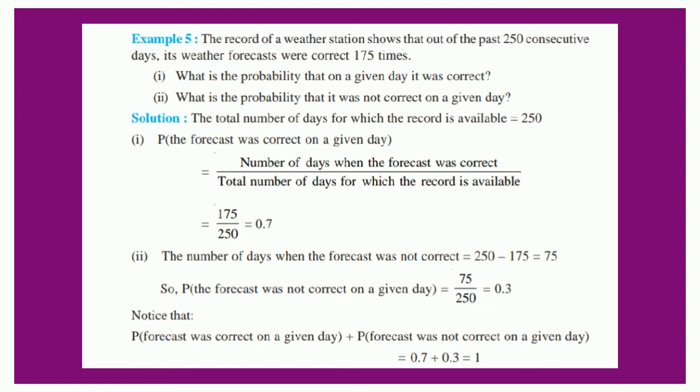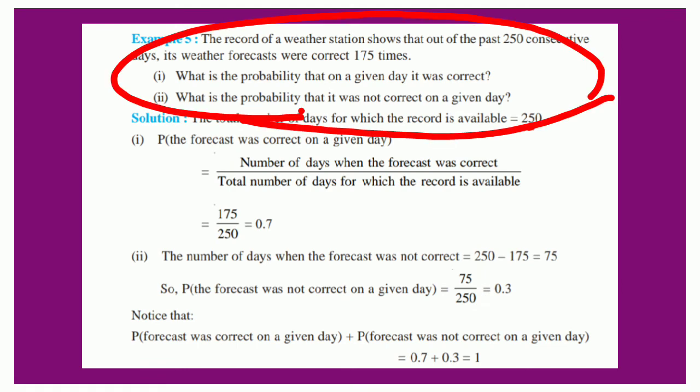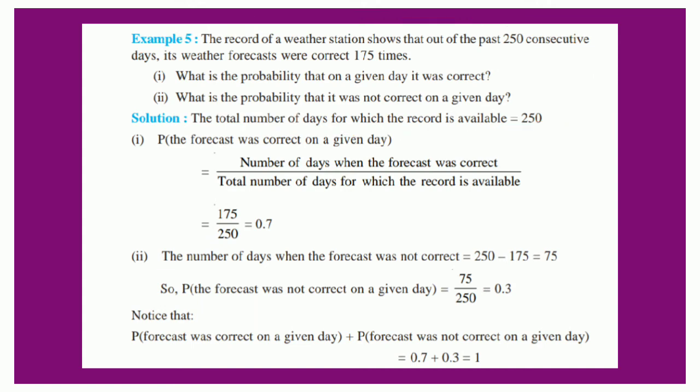The next question: the record of a weather station shows that out of the past 250 consecutive days, its weather forecasts were correct 175 times. Sub-question A: what is the probability that on a given day it was correct? Sub-question B: what is the probability that it was not correct on a given day?